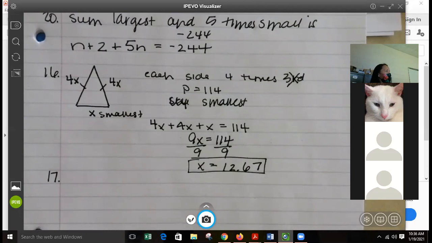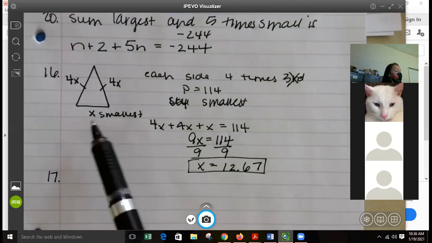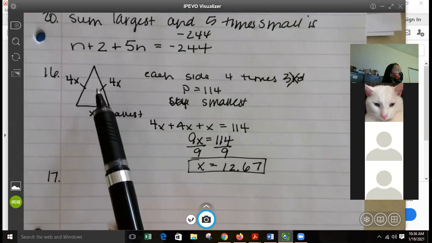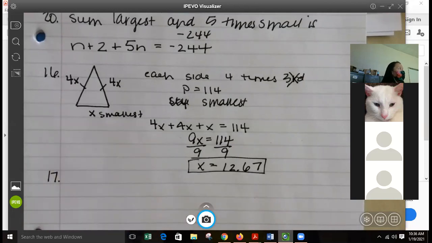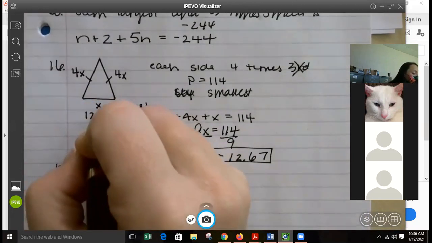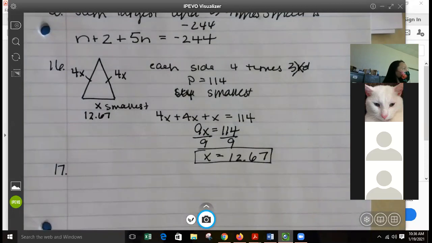Are there any more sides to this triangle? We found this one, right? Do we know the other two? How do we find the exact measure of the other two? Okay, guys, this side is 12.67.